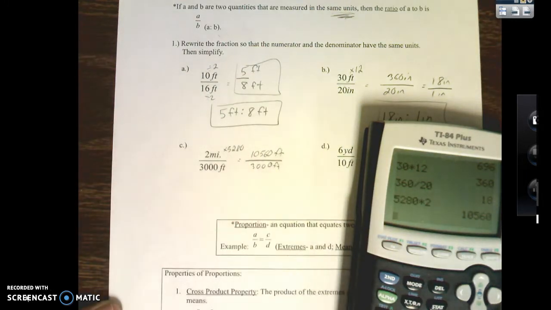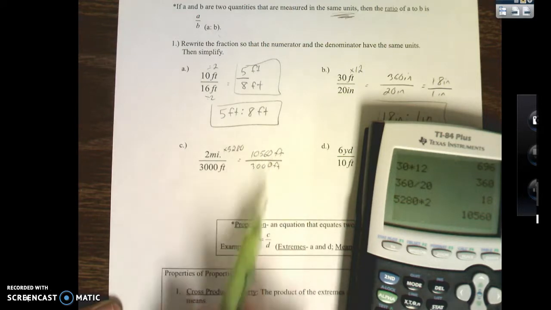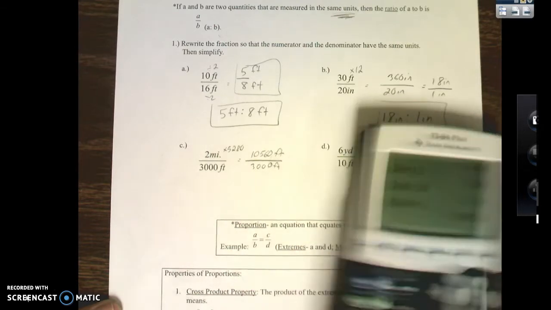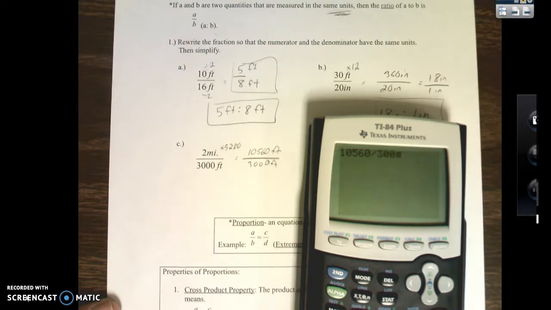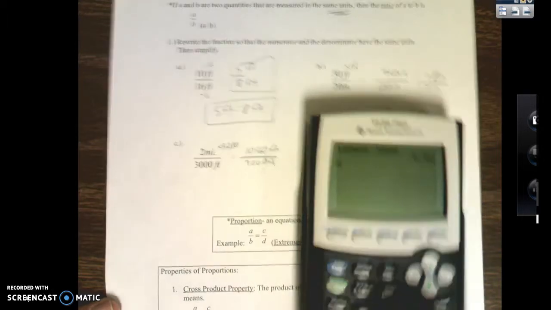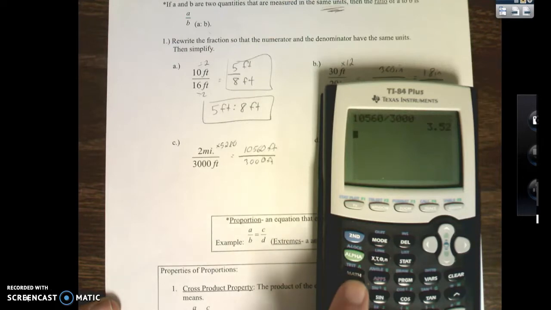Now, I know in the first problem I showed you, we can divide top and bottom by 2. Here, I'm not so sure what I can divide by. I do notice that both of them have a 0 on the end, so I could cross them off, meaning dividing by 10. But let's speed up the process a little bit. 10,560 divided by 3,000. Oh no, 3.52, that's so terrible, I want a fraction. Well, here's my math button on my graphing calculator.